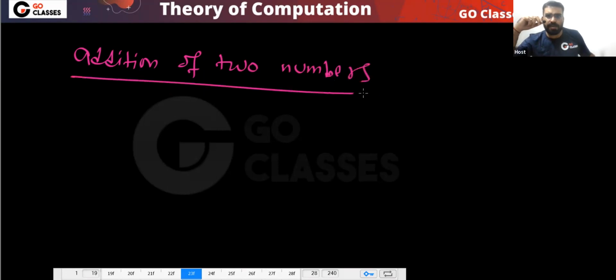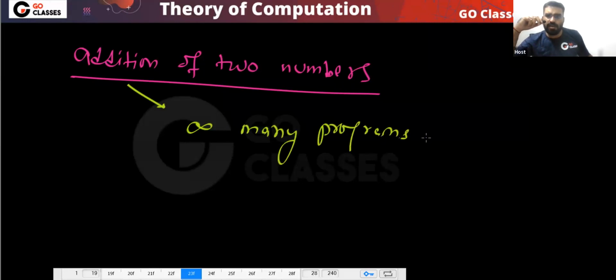Infinitely many programs. For example, if you want to do addition of two numbers, you can write infinitely many programs. Just keep adding unnecessary comments, like Yuvraj is saying.